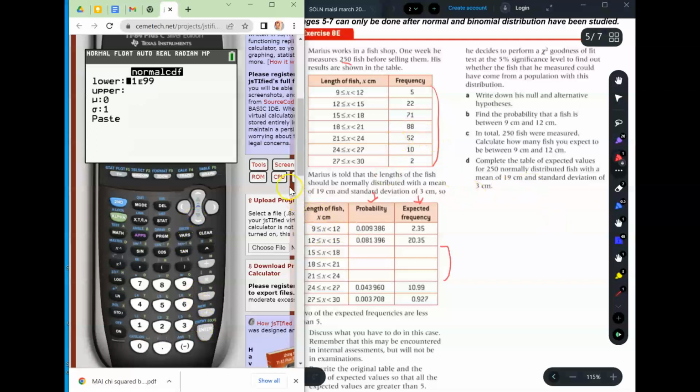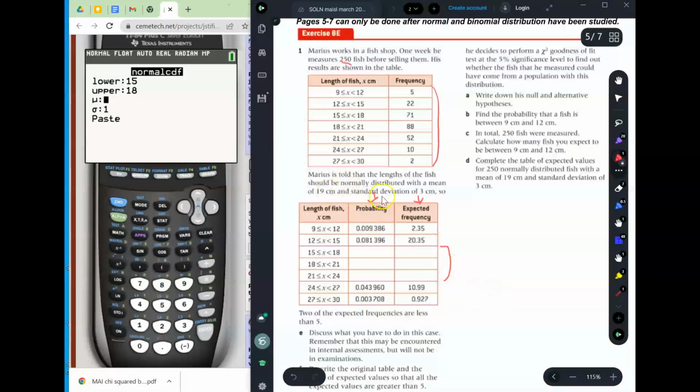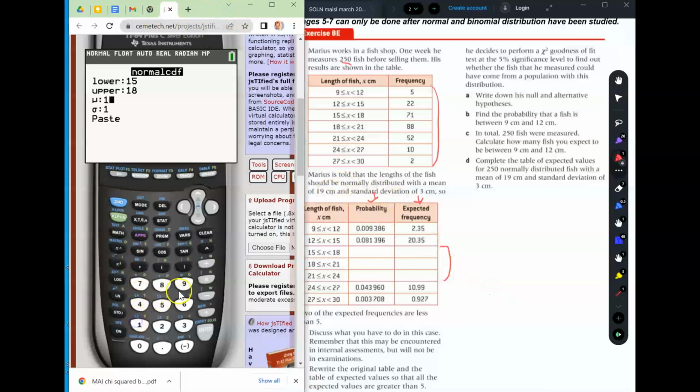Our interval is going to be 15 to 18, and then we need our mu and sigma, which are our mean and standard deviation. The mean is 19. The standard deviation is 3. So we put 19 and 3 in, and then paste to see what the probability is.